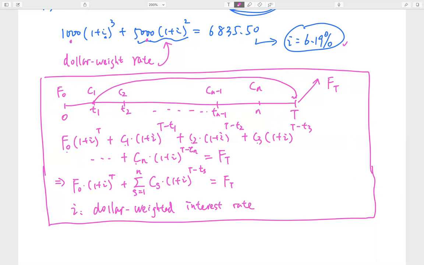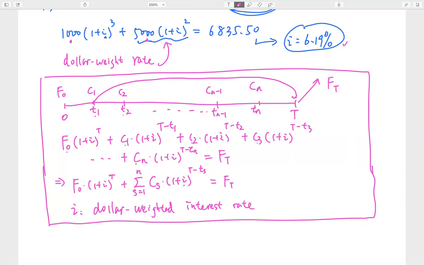This is counted for the actual contribution at those t1, t2, all the way to tn. Those times we actually consider their impacts. So that's why it's dollar weighted. The actual dollars coming in or leaving the pool could make a difference to the actual interest rate we are trying to define.